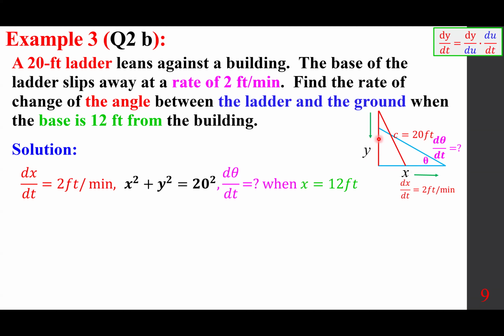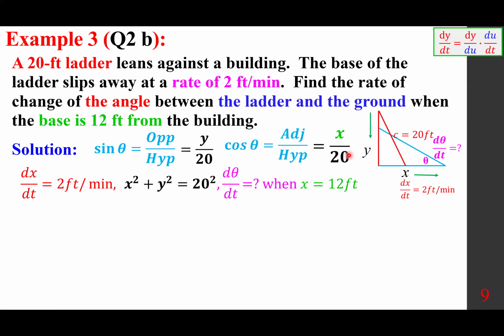Sine theta is the opposite y over the hypotenuse 20. So we need to know both of them. This is x over 20. This is y over 20. And because dx/dt is known, we are going to use this one. We could use this one and the fact that we have dy/dt from before, but we're going to use this one because we don't need that. Dx/dt is needed and is known.